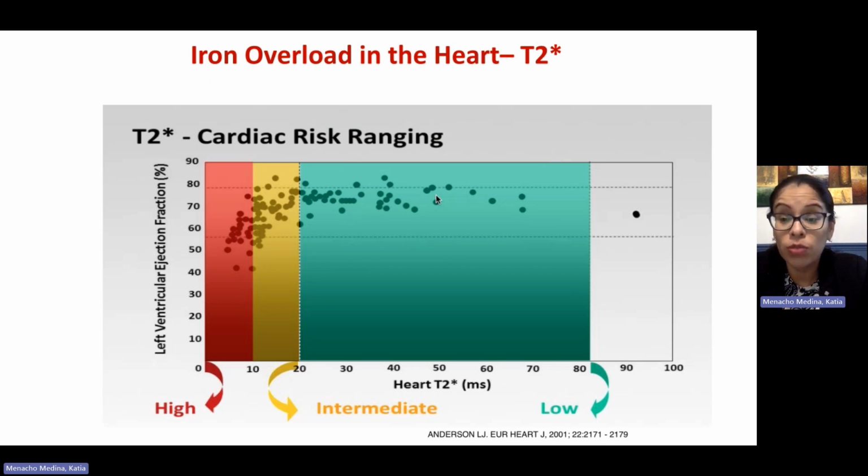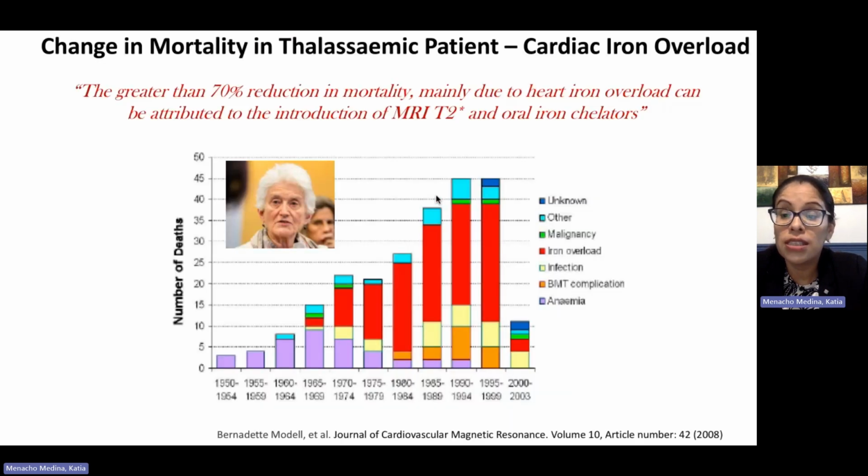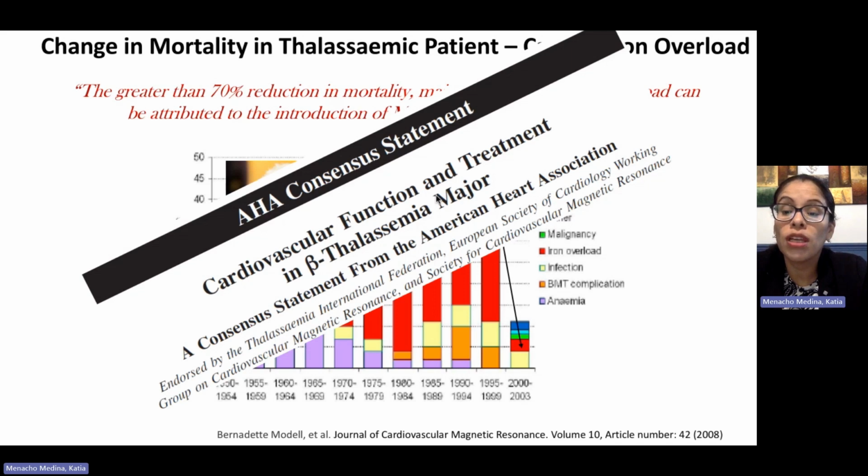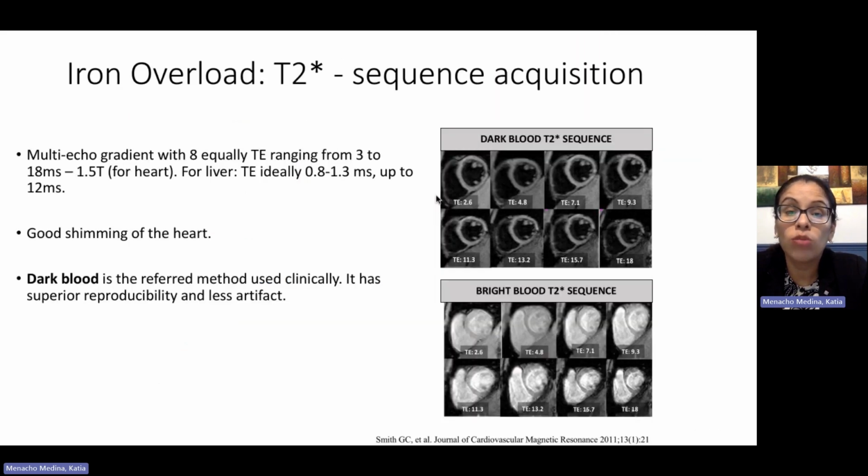Remember, the risk is when patients have less than 20 milliseconds of T2 star, where most cardiac events are reported. This is a study in the UK, published by Dr. Modell, showing the drop of mortality when T2 star was implemented to guide treatment of patients with beta thalassemia in 2000.